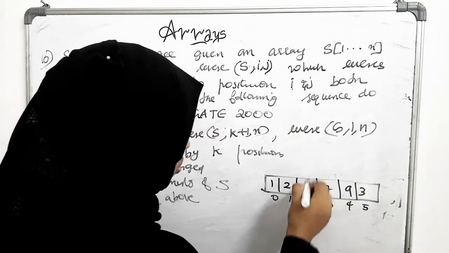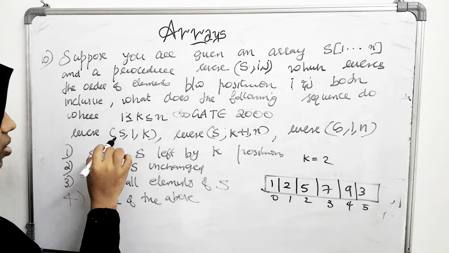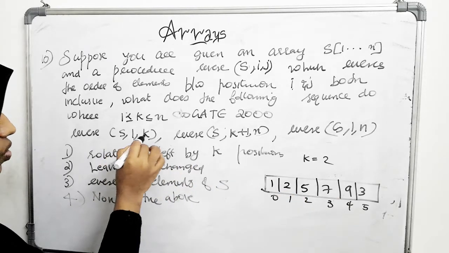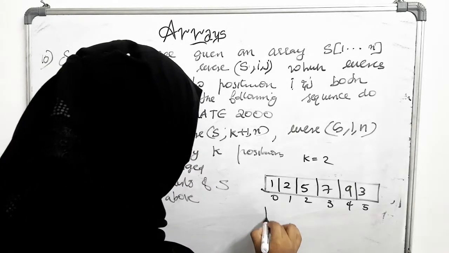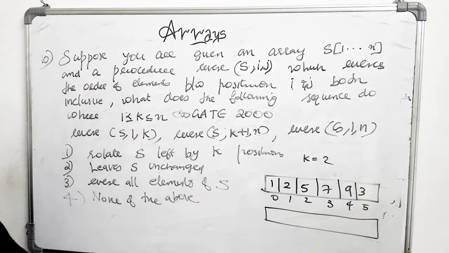We will take some k as 2. So what reverse S 1 k does is that all the elements in S between the positions 1 and k will be reversed. Here indexing starts from 1.